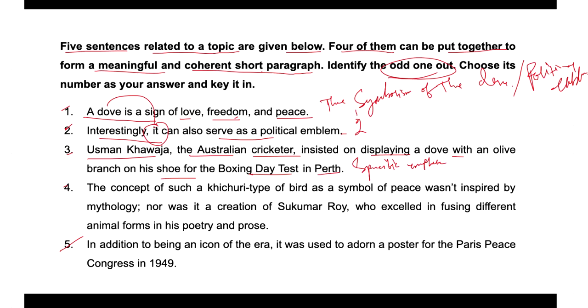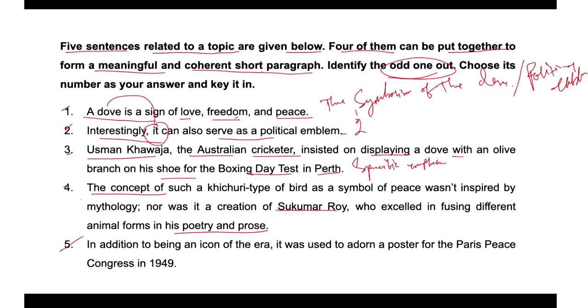And if you look into the fourth one, the concept of such a khichuri type of bird as a symbol of peace was not inspired by mythology, nor was it a creation of Sukumar Ray, who excelled in fusing different animal forms in his poetry and prose.